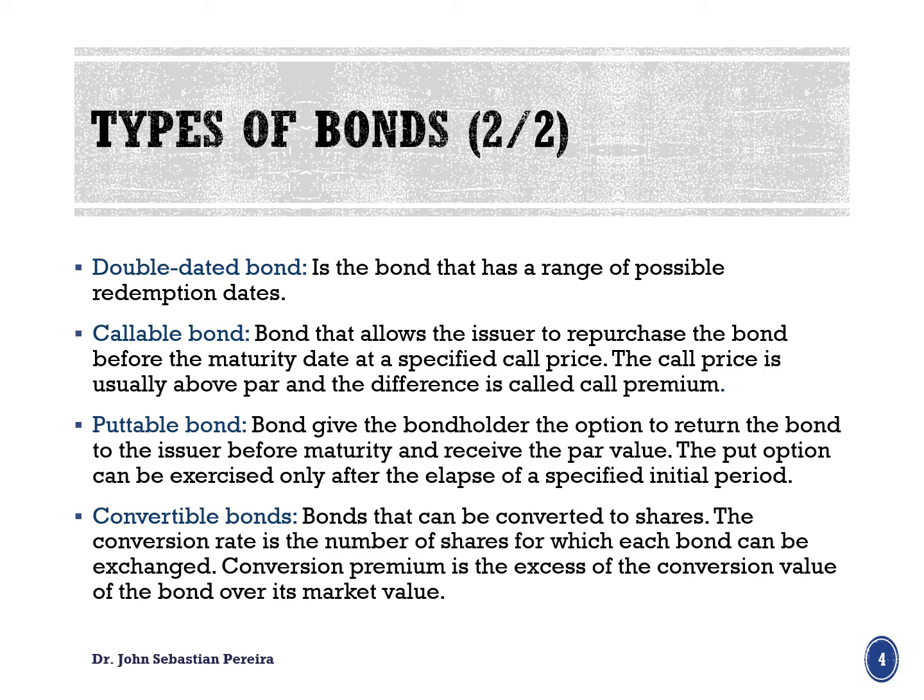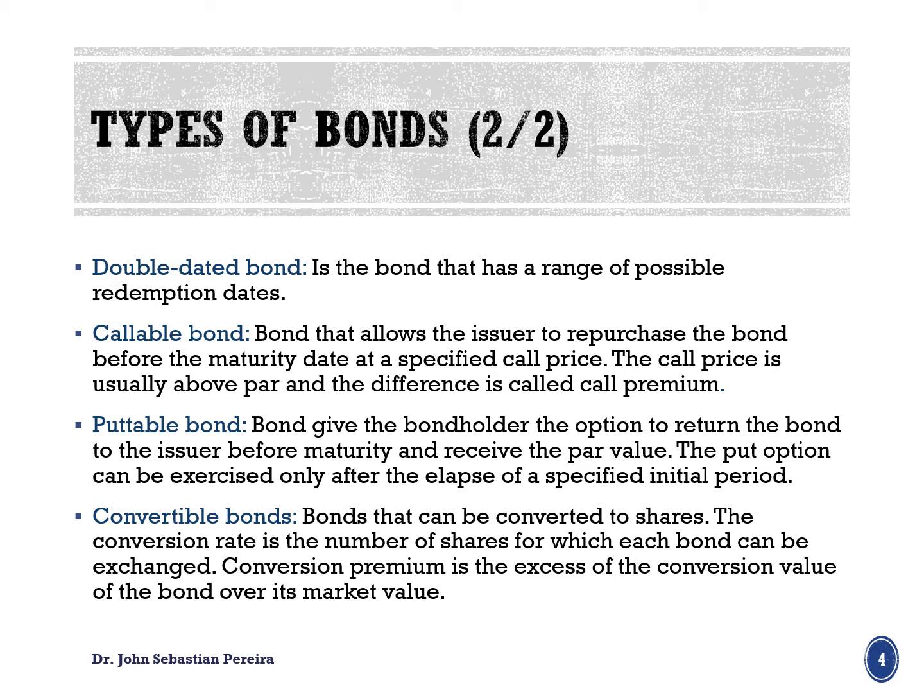So a bond that allows the company to repurchase the bond from the investor before the maturity date at a specified call price is a callable bond. Generally, the call price is above the par value, so it gives some incentive to the investors to sell it back to the company.